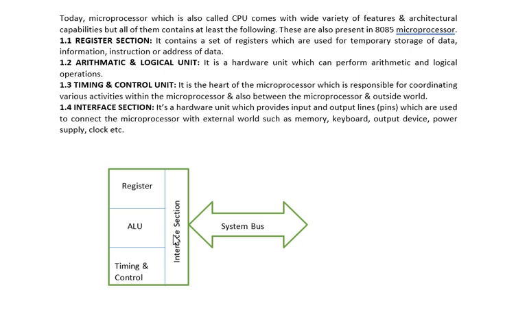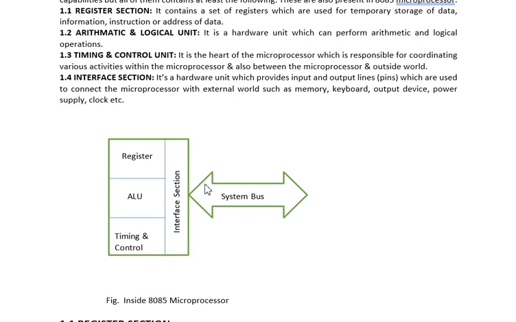A bus means a group of communication lines. So the interface section provides the system bus. We'll learn about the system bus later and in detail. Whatever pins are available in the 8085, those pins provide the system bus.